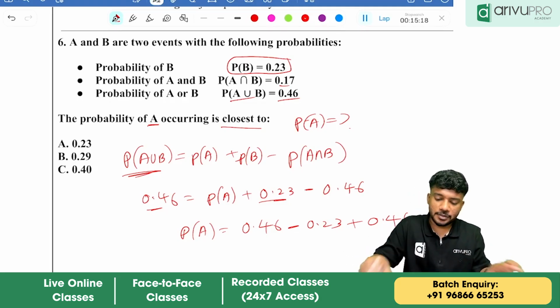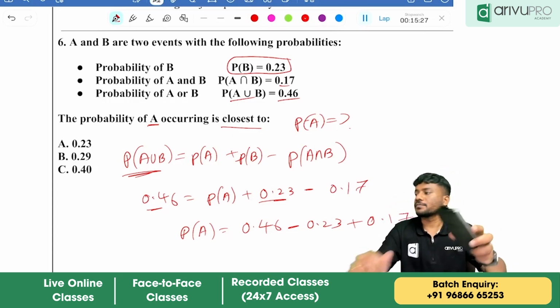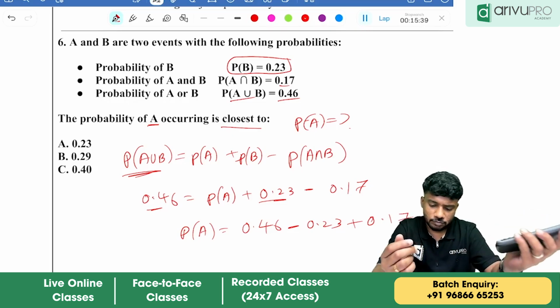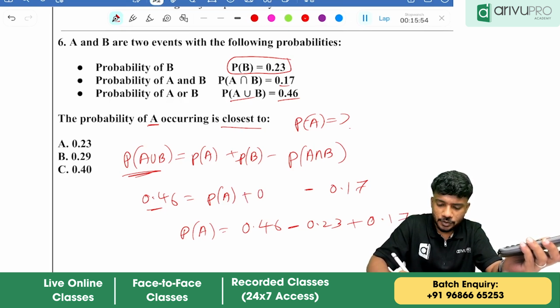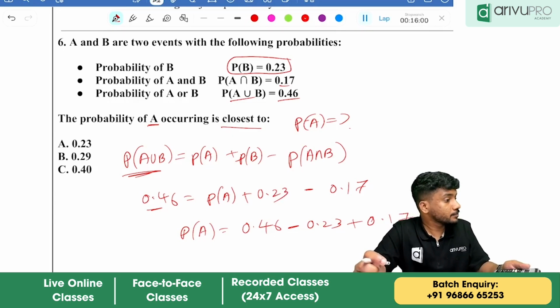The intersection of A and B is how much? 0.17. Get the answer. 0.46 minus 0.23 plus 0.17, which is equal to... How much is the answer? 0.4.